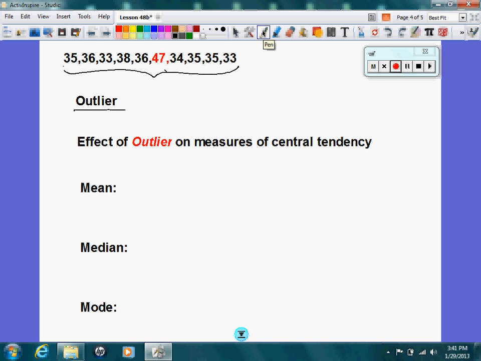Our mean would change, because we've added another number. I think we have 1, 2, 3, 4, 5, 6, 7, 8, 9, 10. I believe the sum yesterday was 315, and now we've added 47 to it. 315 plus 47 is 362, and then we divide that by 10, which is the number of numbers.